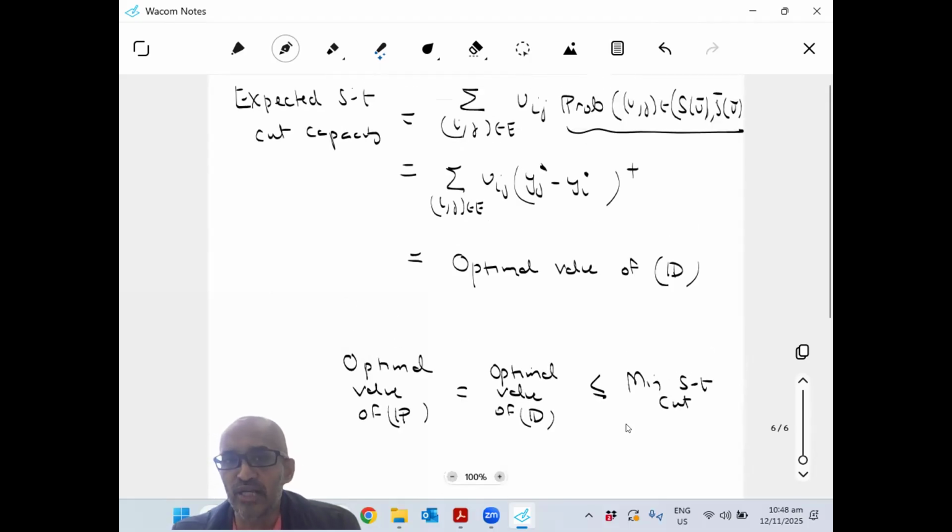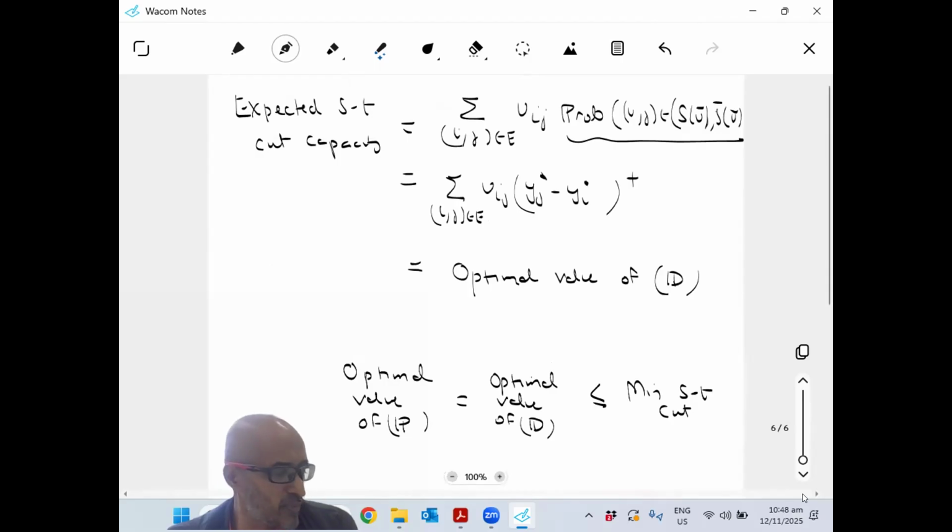But now we have just shown that this expected cut capacity is the optimal value of the dual. This is exactly in expectation the expected ST cut capacity.